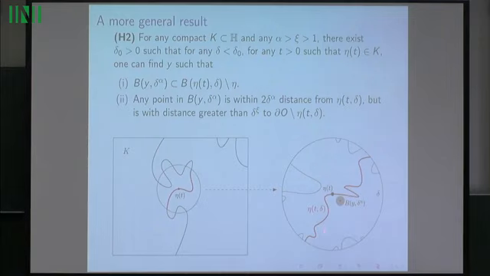So the idea of proving this is we run the curve until it hits here, and we look at balls that are attached to this curve.